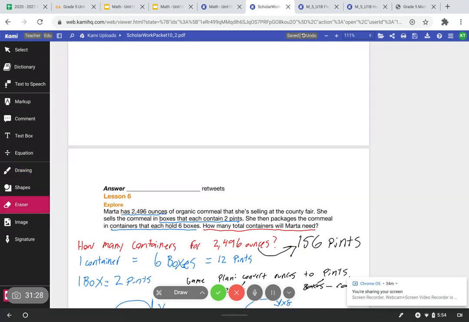So I am going to divide. I'm going to do 156 divided by 2 so that you see how many boxes.